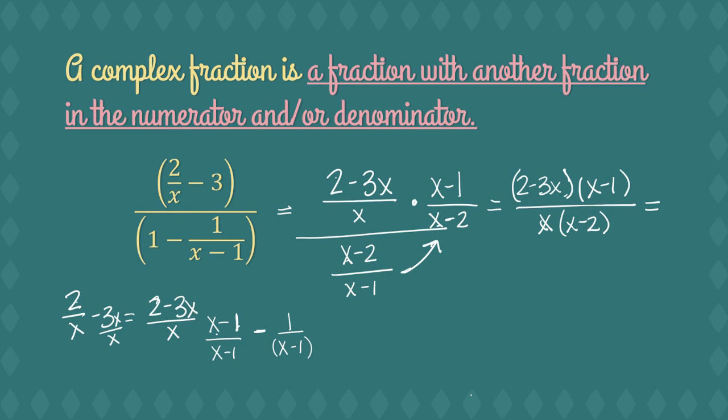I really should multiply that all out on the top, okay, just to be as nice as possible. So I've got negative 3x squared plus 5x minus 2 over x times x minus 2. Now, do we think this numerator can be factored? Let's see.